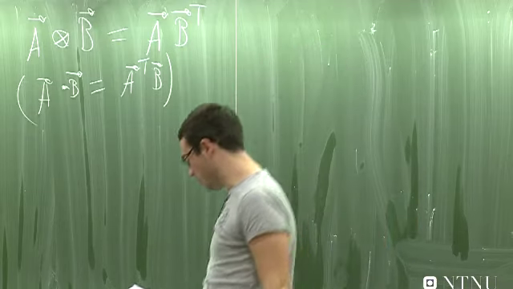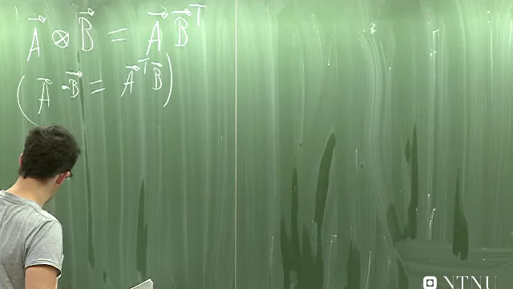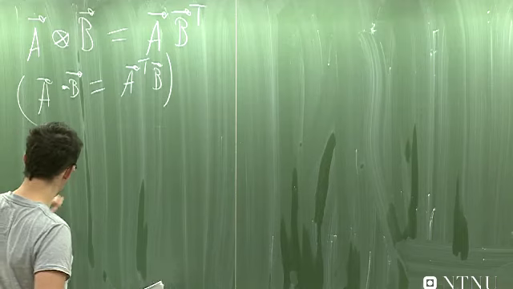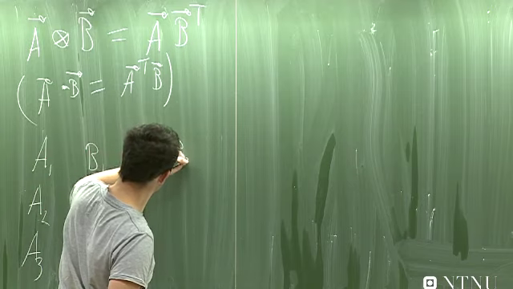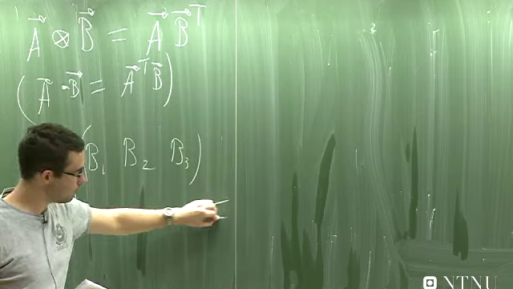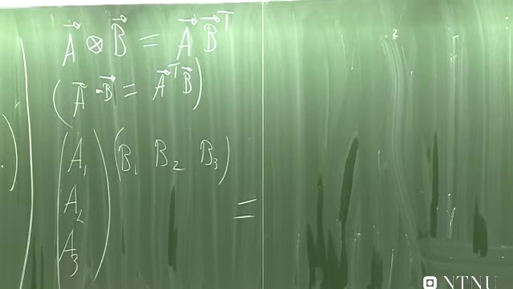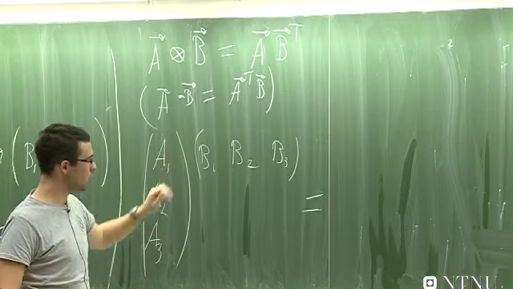And now this looks like the following: A1, A2, A3. Like this. So now I just get this row times this column. Well, that's just these two numbers.